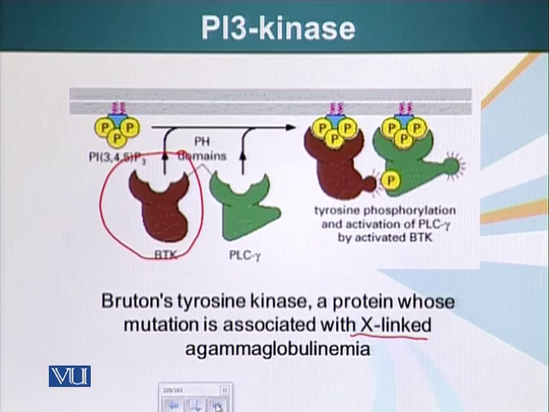Although the B cell has received a signal, it cannot do its job. So basically, people who have a mutation in this gene have inability to produce antibodies. And this is called agammaglobulinemia, and this is an X-linked disorder.